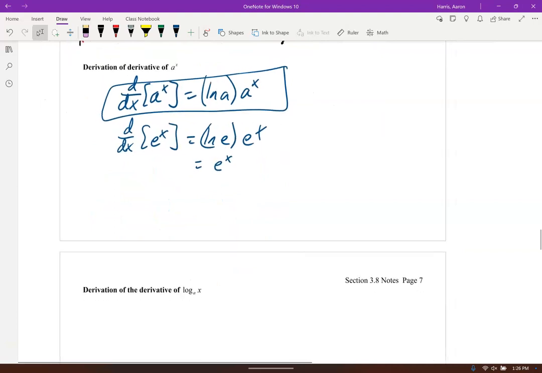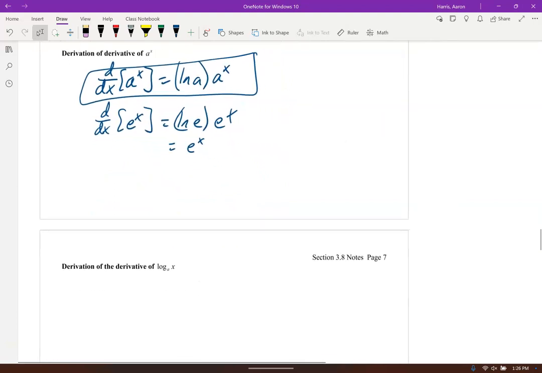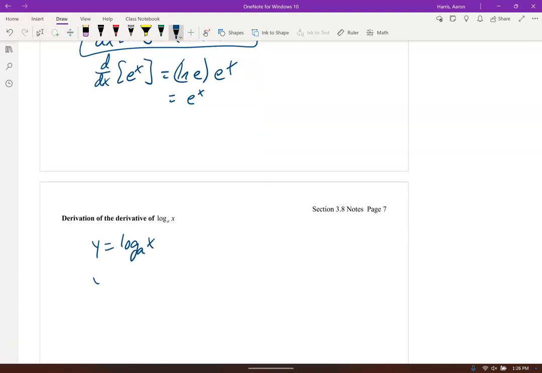It'll also give us the key to finding the derivative of log base a of x. So log base a of x, if you remember your change of base formulas, you could write that as the natural log of x over the natural log of a, which let me write another way. That's 1 over ln of a.